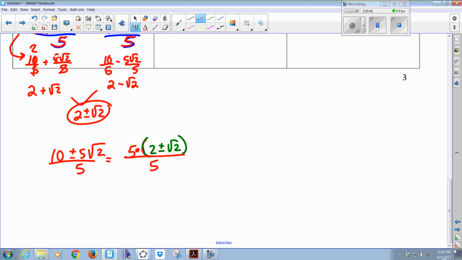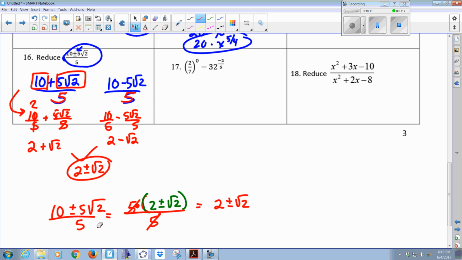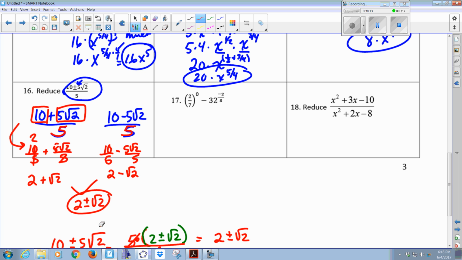Now because you have multiplication, you could cancel out the 5, and you still get the same answer, 2 plus the square root of 2 and 2 minus the square root of 2. What you don't want to do is reduce this by canceling the 5 with just one of the terms on the top, because the 5 belongs to both of them. Okay? Belongs to both of them. So that's two approaches to number 16.